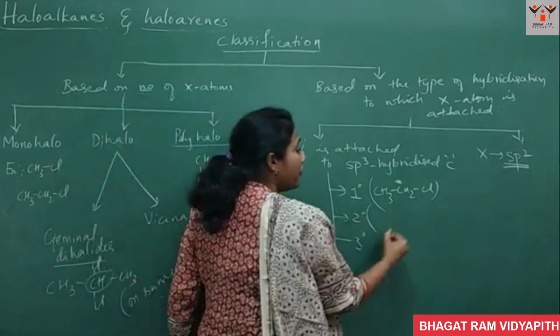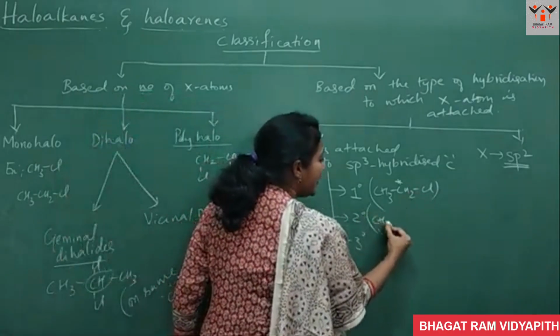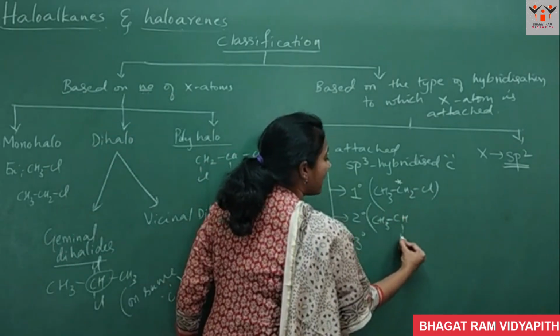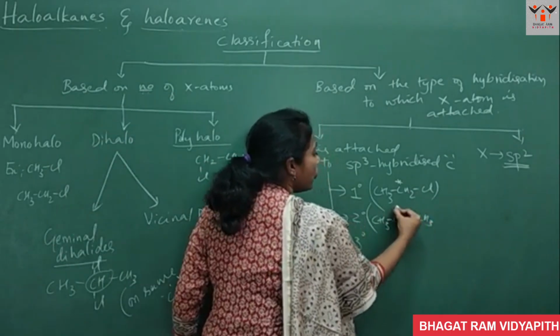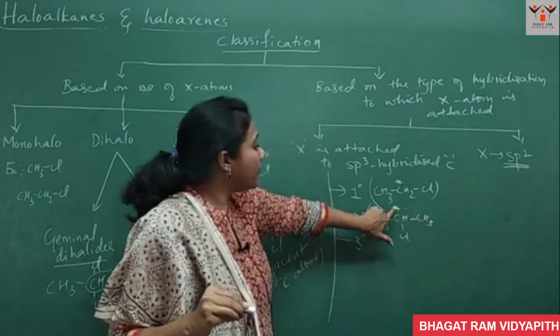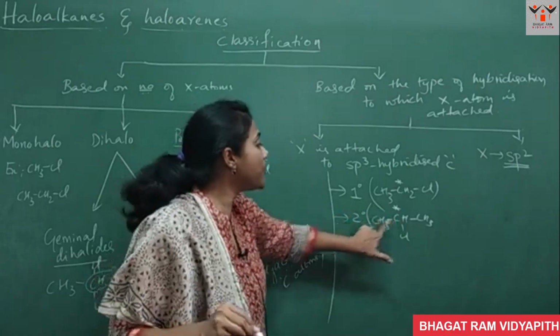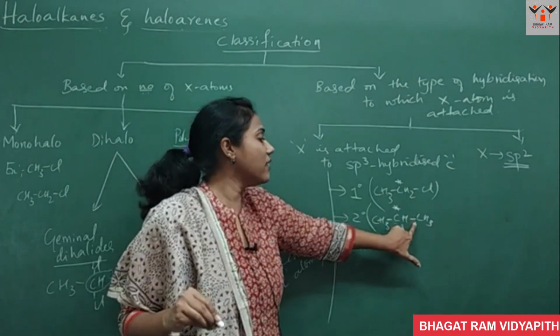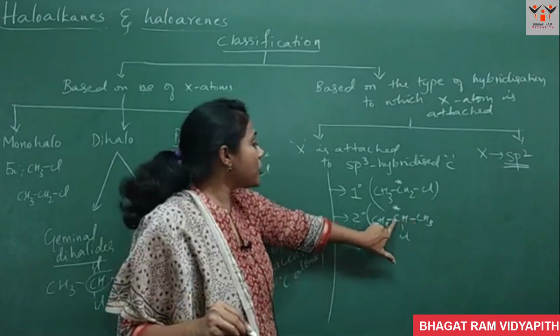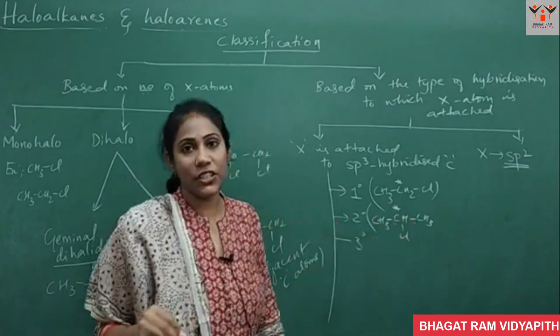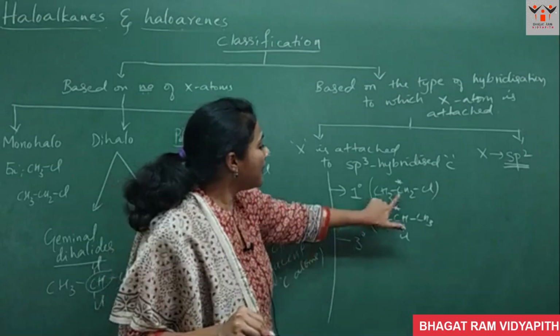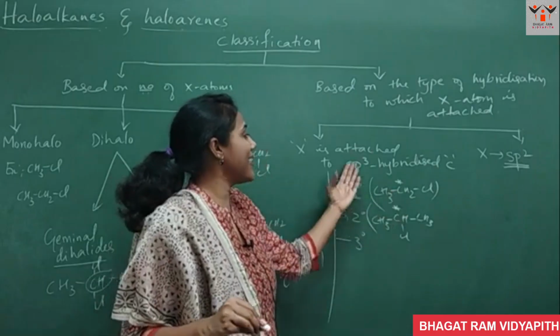If X is attached to a secondary carbon, look at this example. The carbon on which I have put a star mark is a secondary carbon because it has two C-C bonds around. One is this side, the other one is that side. To such a carbon you have halogen attached. And what is the hybridization of all these carbons? It's sp3, right?